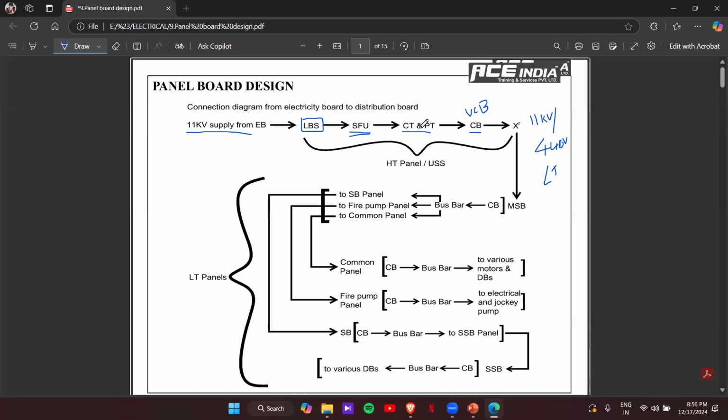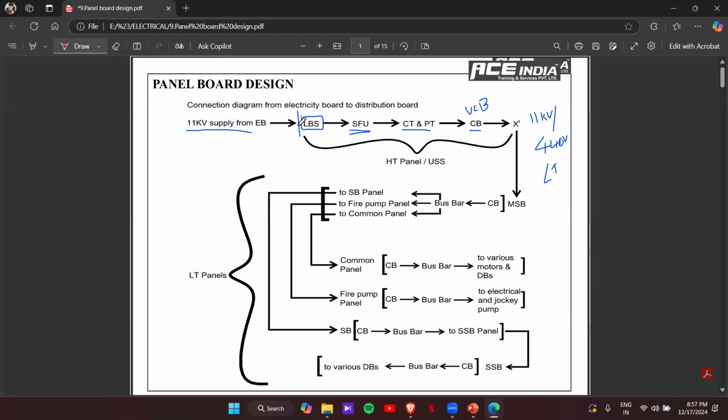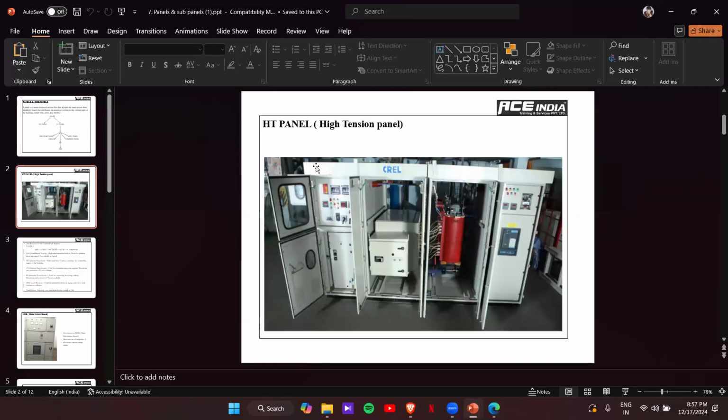So this entire unit is called the HT panel or USS. USS means unitized substation. This will be a single panel, and this one is our HT panel.